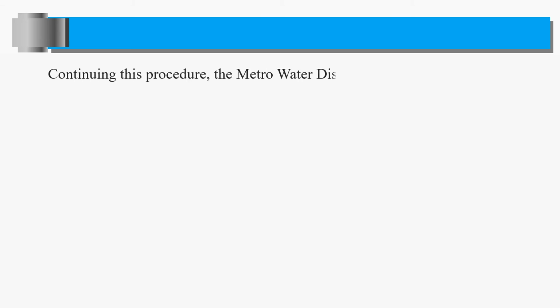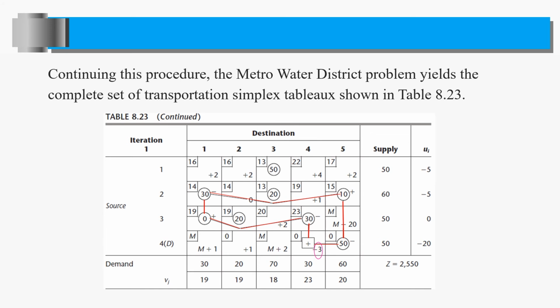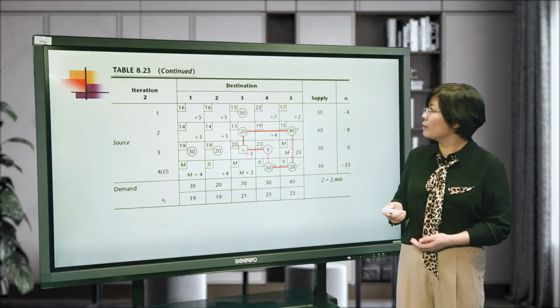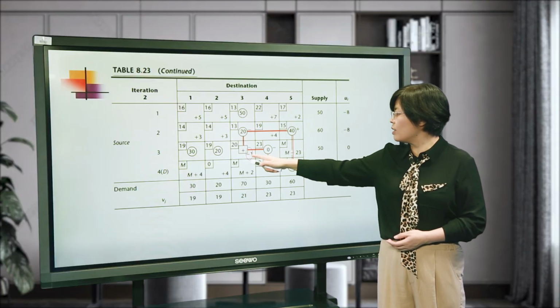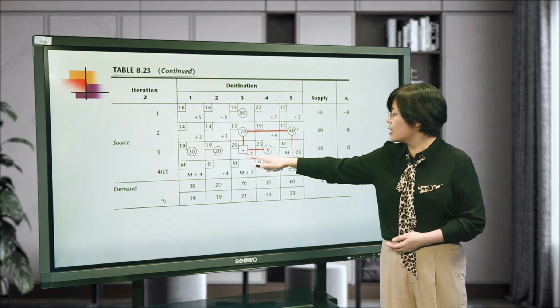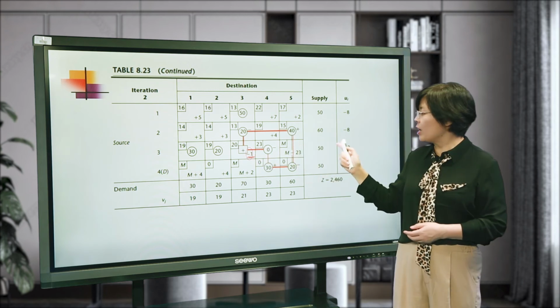Okay, continue the procedure. The iteration yields the complete transportation simplex table shown in this table. This is also a BF solution, and this is another. We found here is also a negative, so it needs to iterate again.